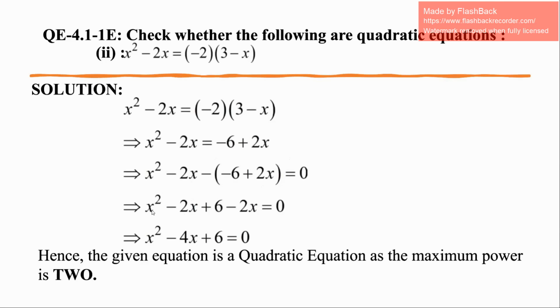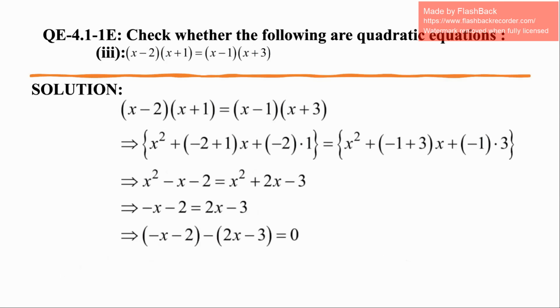So it becomes x squared minus 2x plus 6 minus 2x equals 0. So again, it is a quadratic equation. Why? Here the middle term, the x term, is also there, as you can see. So it is also a quadratic equation, as the maximum power of the variable is 2.